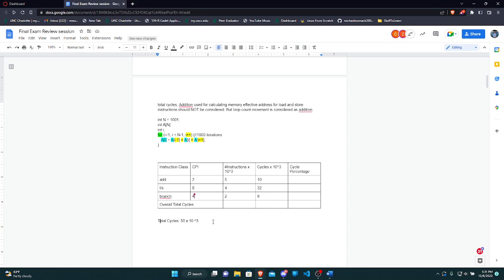A quick question. I've missed this portion of how did you calculate the number of branch instructions? So we're looking at the code and we see that there's a for loop, and this whole class up to this point, I've always said, whenever you see a for loop, you just want to assume that that's going to be 2 branch statements, because you have a branch that checks the case, and then you have a branch that jumps back.